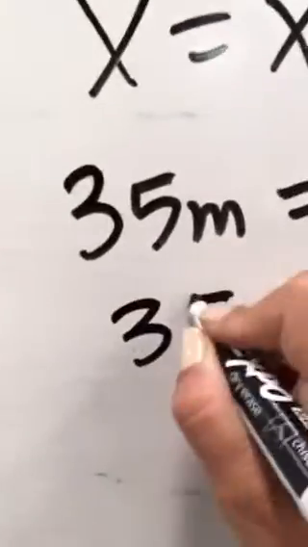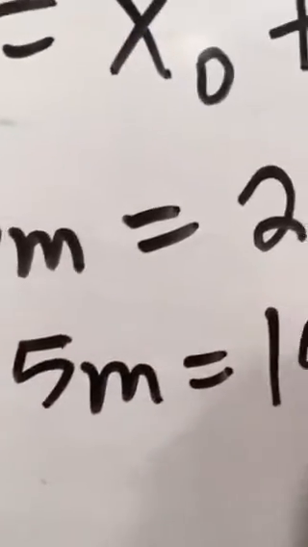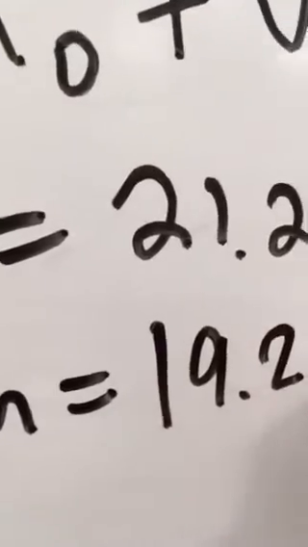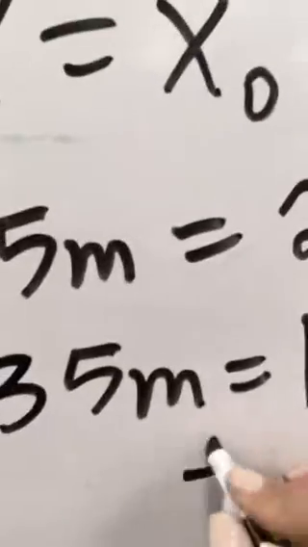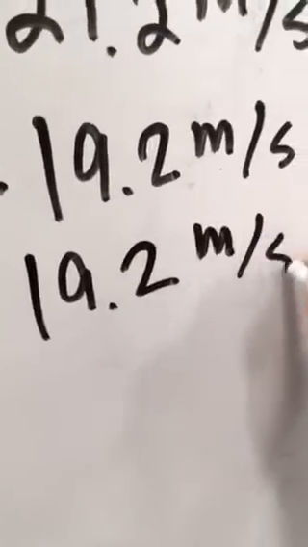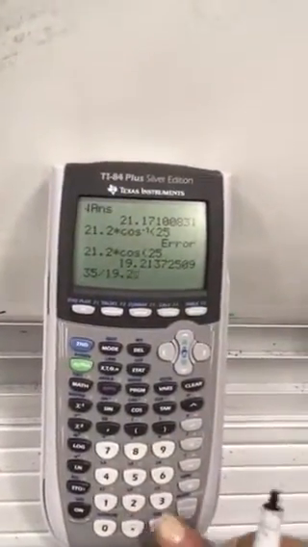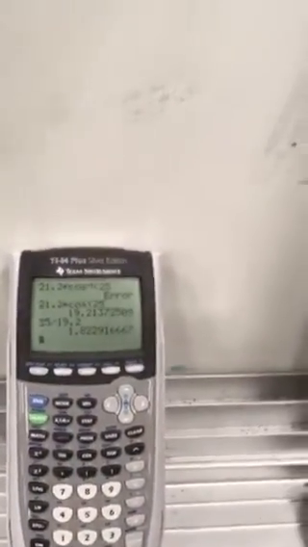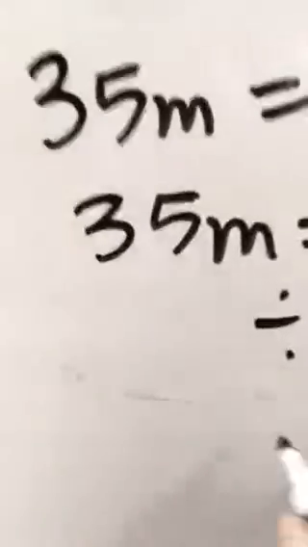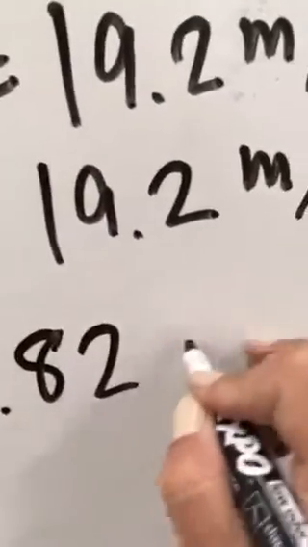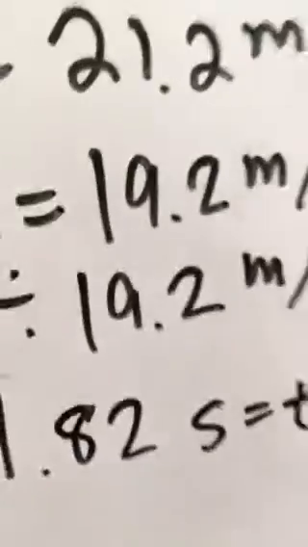So I have 35 meters equals 19.2 meters per second times t. So I'm going to divide away my 19.2 meters per second. And I get 1.82 seconds. That's my answer for C.